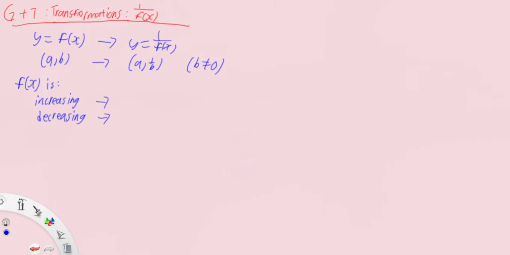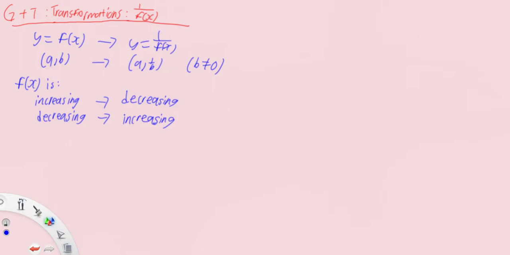So if f(x) is increasing, then you know that your graph is decreasing because your denominator f(x) is increasing. 1 divided by an increasing denominator, your value is getting smaller and smaller. As such, your value is decreasing. Similarly, if your denominator is decreasing, your value is increasing. As simple as that. So we're looking at the value of our denominator and how it changes when we are sketching f(x) to 1 over f(x).